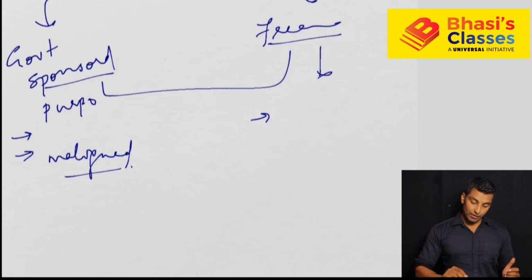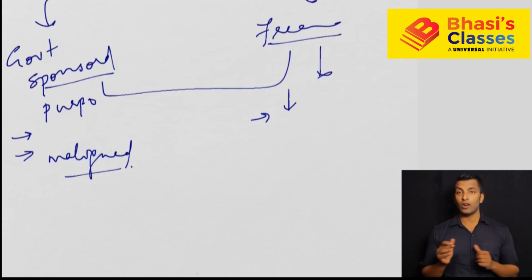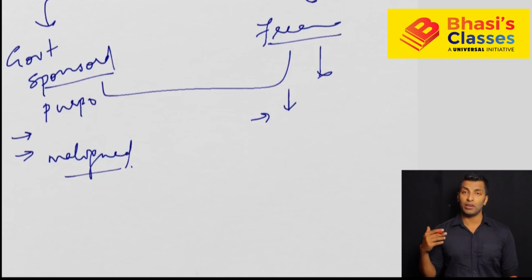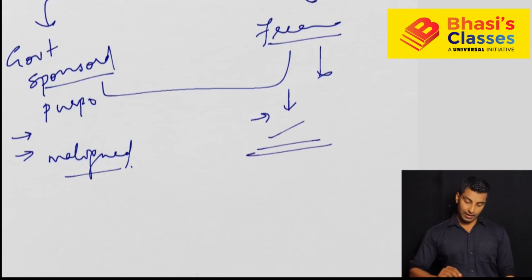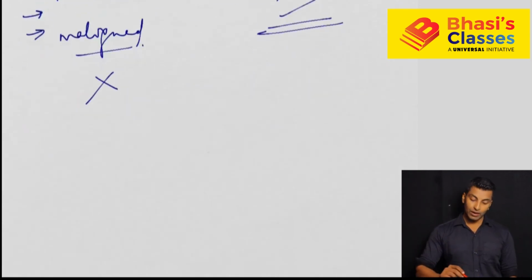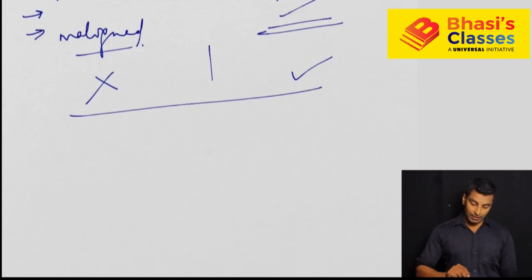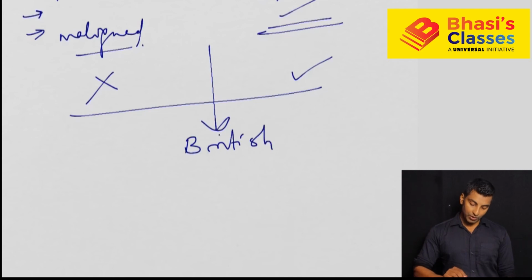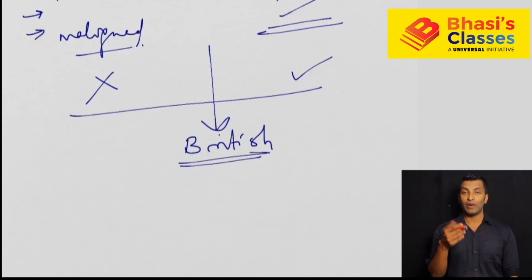Here, freelance scholars studied out of interest and saw India and its tradition with great appreciation and honor. They highlighted the glorious past. So on one side they maligned India, on the other side they appreciated India's culture, tradition and customs. But whatever it is, it is the British who studied India and who taught us who we were.